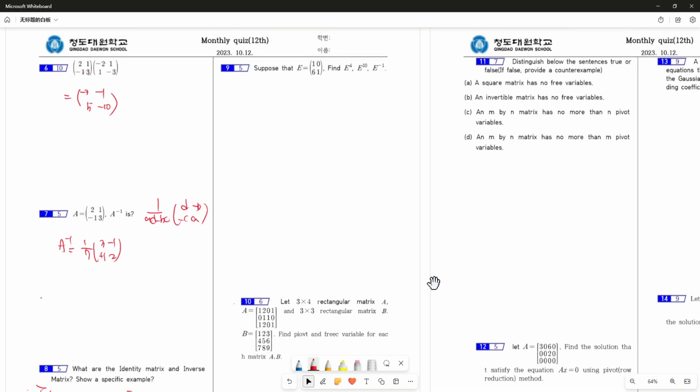Next, number 9. Actually, in the very first place, I did not make this problem to improve your calculator skills. No, never. If it is more than the cube, more than 3 times, you should find another method.